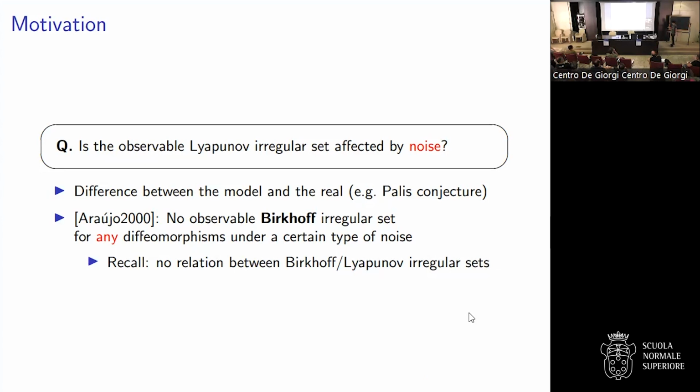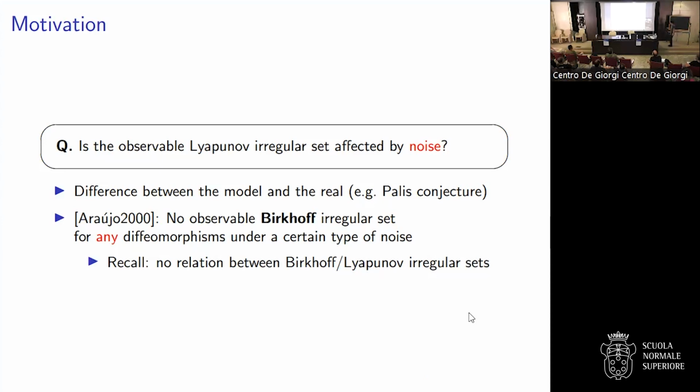Yes. And the surprising result of Araujo is that there is no observable Birkhoff irregular set for any diffeomorphism under a certain type of noise. In other words, you cannot find a Birkhoff irregular set; your time average always exists if you add some type of noise.